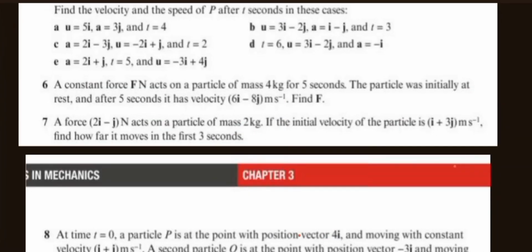Number 6. A constant force F Newton acts on a particle of mass 4 kg for 5 seconds. The particle was initially at rest, and after 5 seconds it has velocity 6i minus 8j meter per second. Find F. So we're going to use this formula, F equals ma.